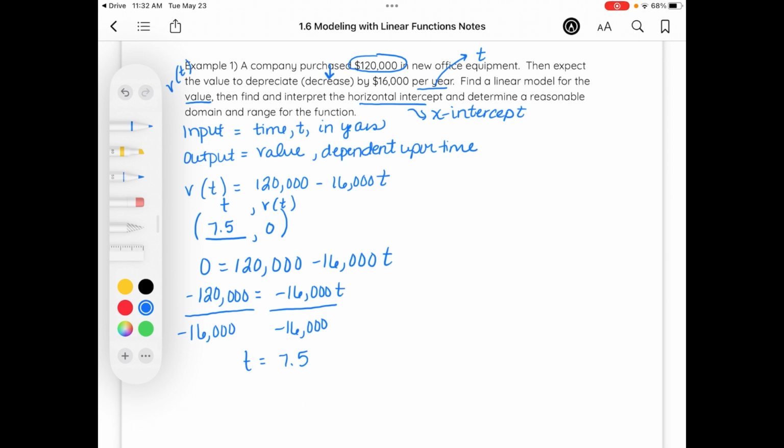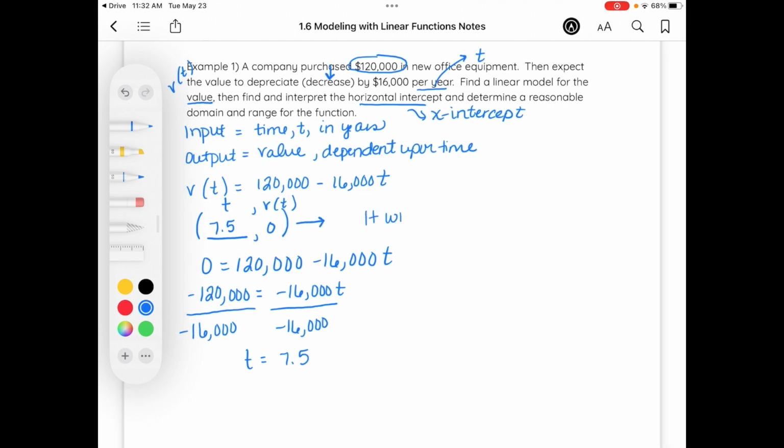So it says not only find, but interpret. So this particular x-intercept tells us that it will take 7.5 years for the value to be $0.